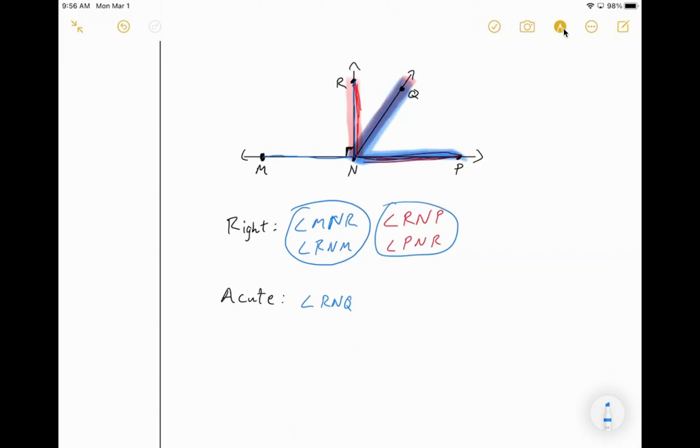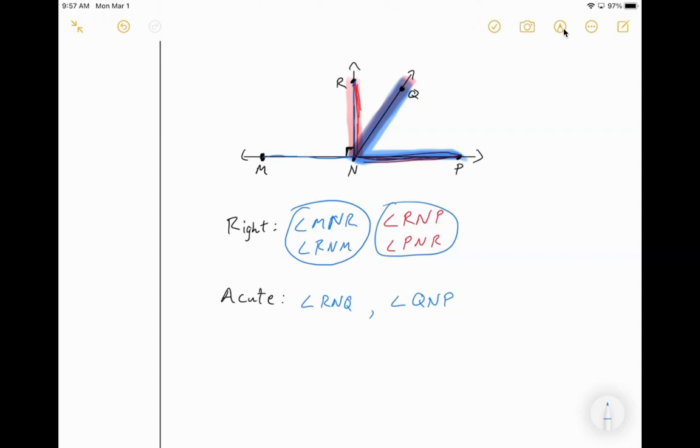You guys see that one? Or PNQ. So those are the two different ones, okay? RNQ and QNP, or PNQ, QNR, either way.